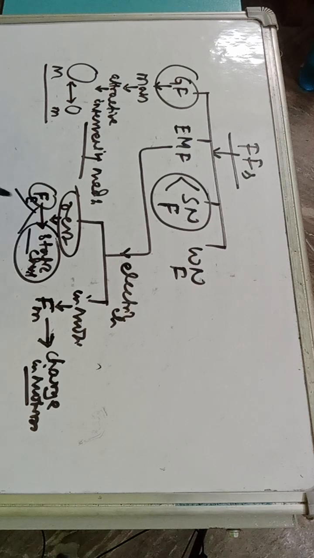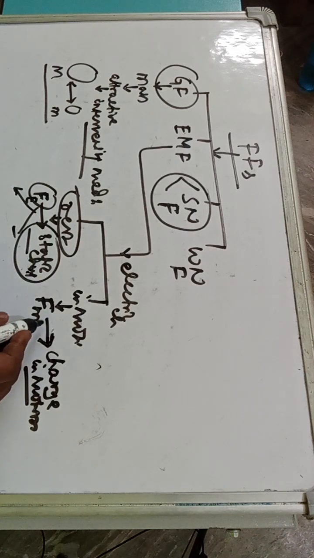If electric charge is at rest, it will have an electric field. It will have a force on a static charge, and this force may be attractive or repulsive depending upon the charge. If both are same charges or like charges, there will be a force of repulsion, and unlike charges will have a force of attraction.